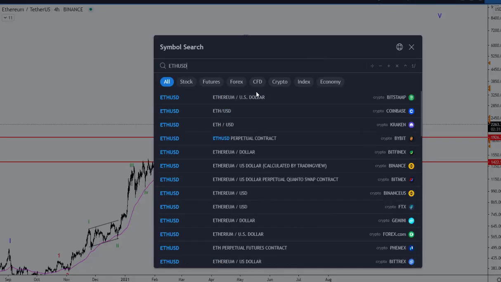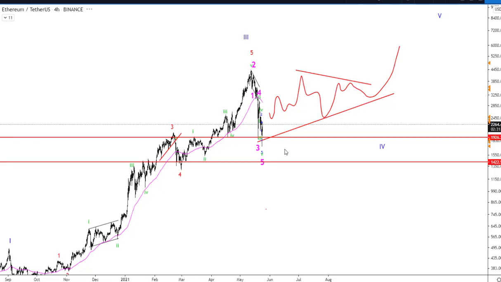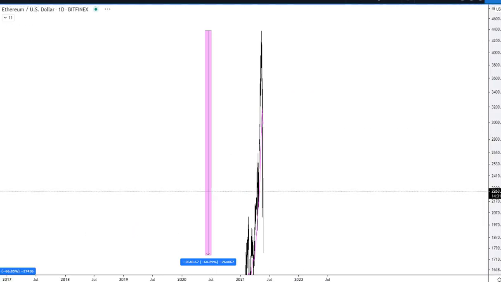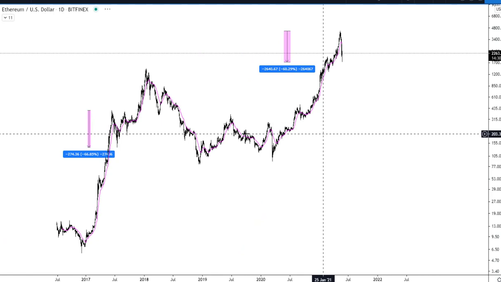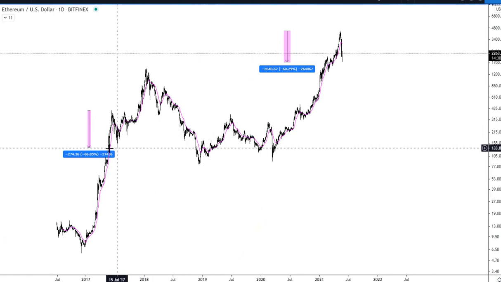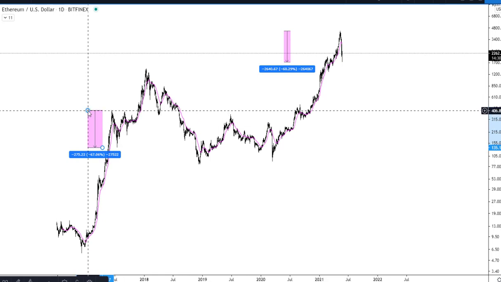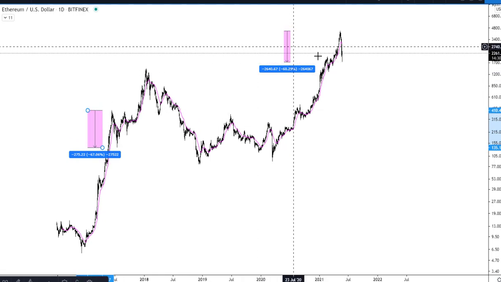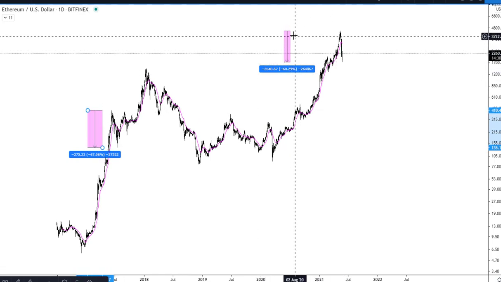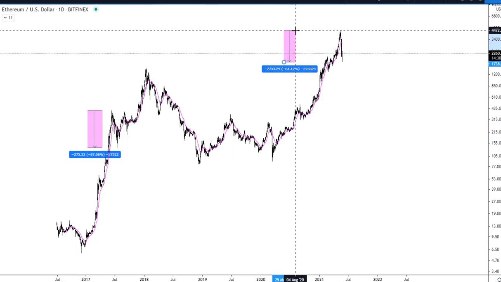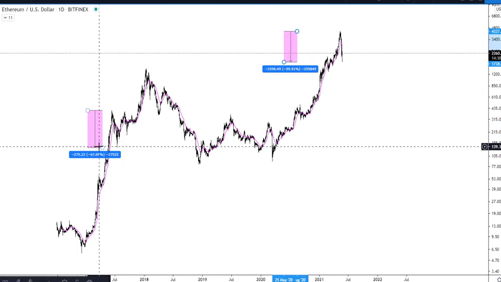Maybe one last thing again. I said it last time, but last time in the bull cycle at this point you had a 67% retrace, right? So the retracement we had now is actually less than that.